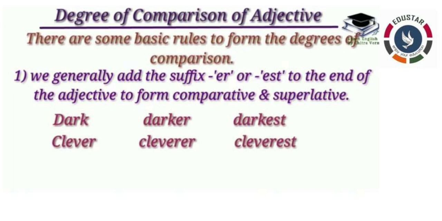And we have added est so that clever becomes cleverest in superlative form. Can you understand? So clever is a base form, that is positive degree. Cleverer, your comparative degree. Cleverest is your superlative degree. Can you understand the first rule? It's very easy, right?